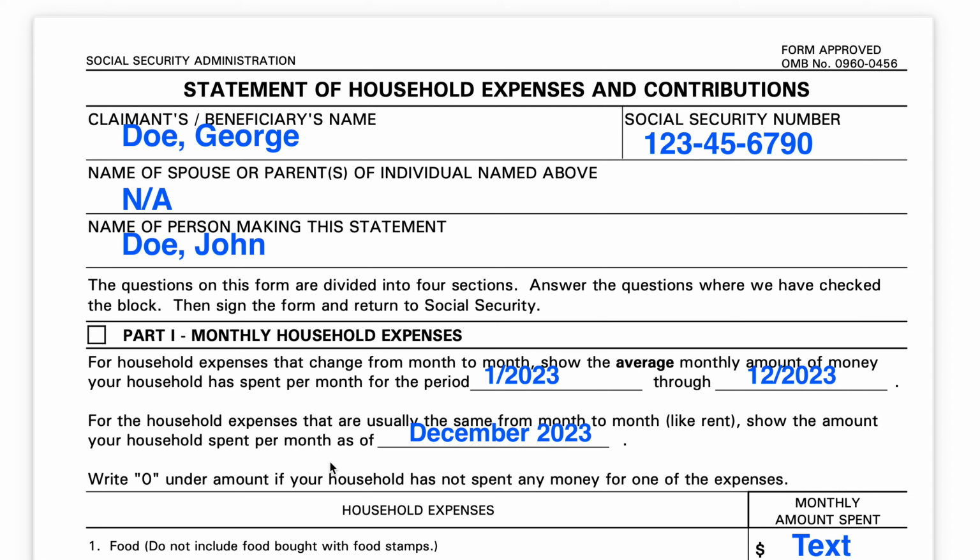So if you're a recipient living in your own house, you're responsible for all of your expenses. That's not usually an issue. But if the Social Security Administration has records or indications that you may be living with someone else, then the expectation is that you're paying your fair share of monthly household expenses for the entire household.